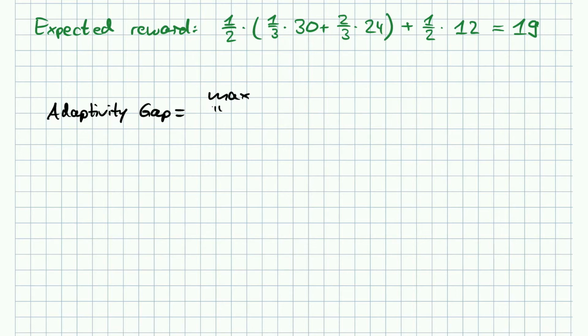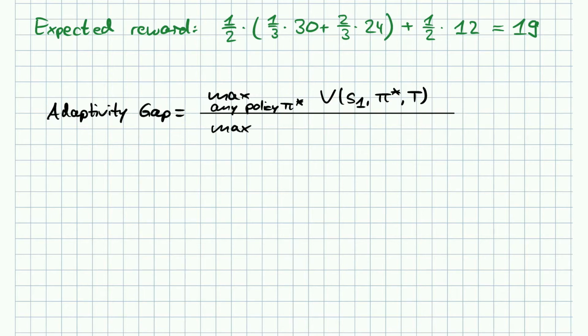Take the best policy, let's call this pi star, and what's the expected reward that you're getting if you start in a state and go for t steps, and we now divide this by the best non-adaptive policy.